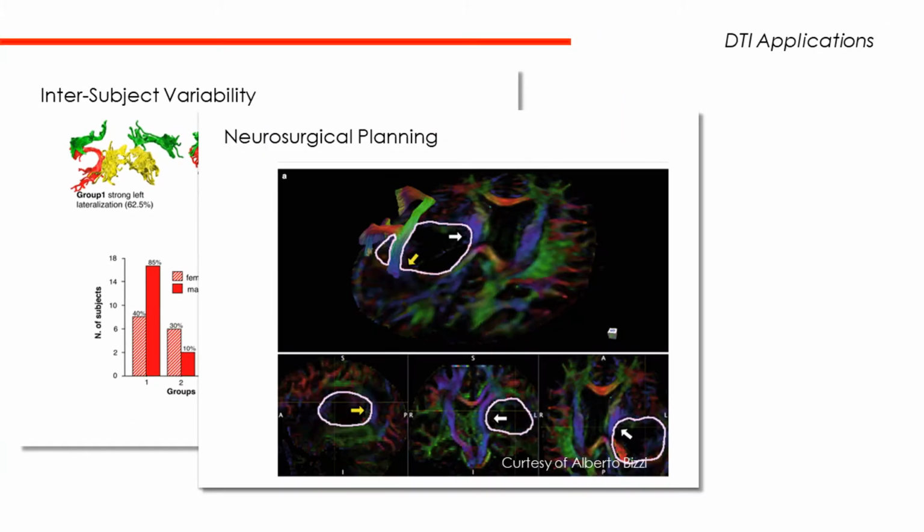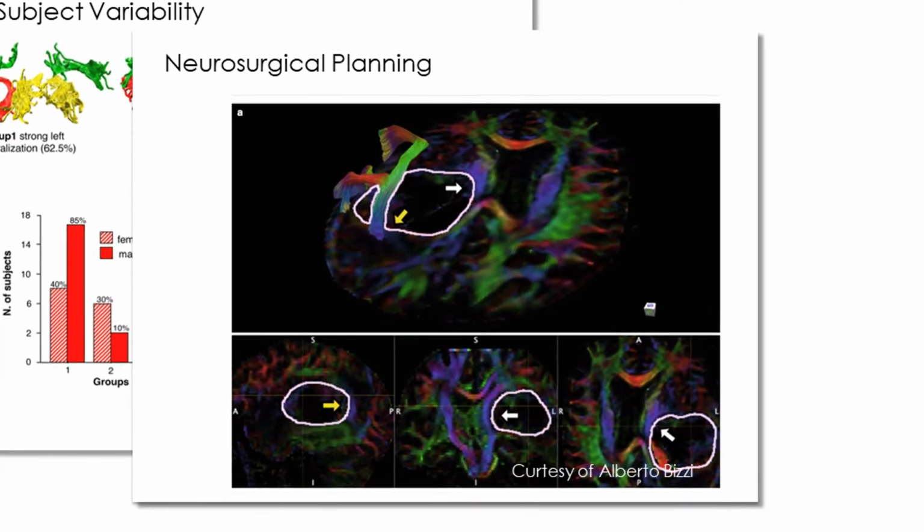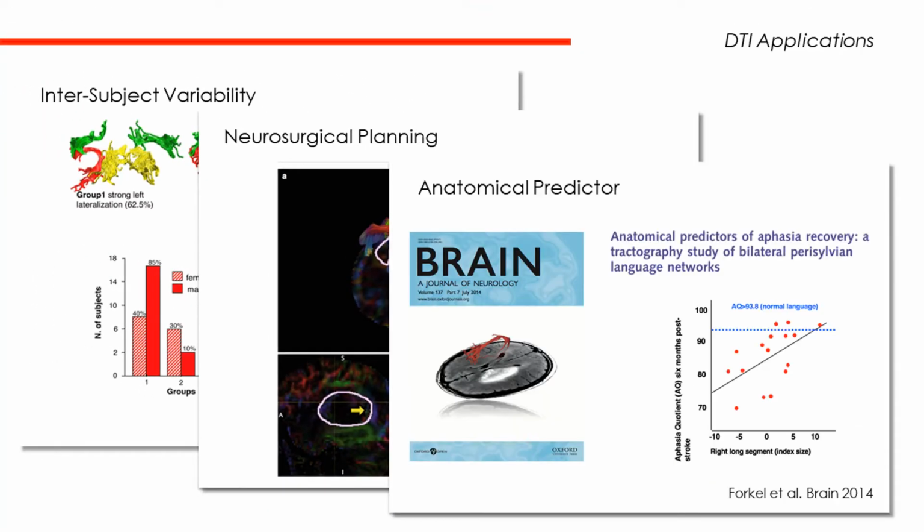But clearly, the main application we have today in tractography is neurosurgical planning. So we can definitely help neurosurgeons and neurologists to define where, for example, tumors are expanded, how they're expanded, and design different ways of approaching the surgery. And again, this is something we are pushing in our lab, using anatomy as a way to predict recovery.